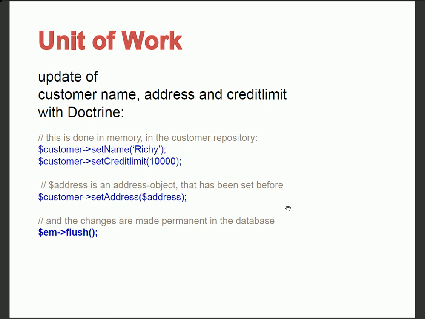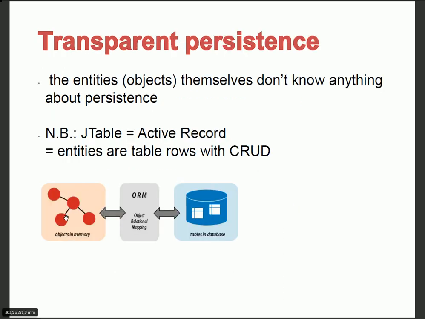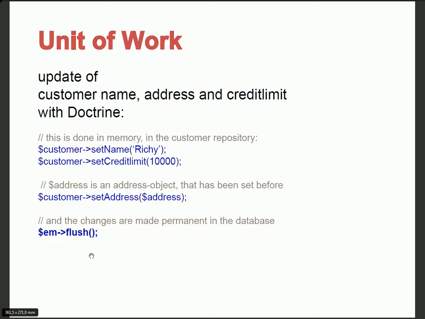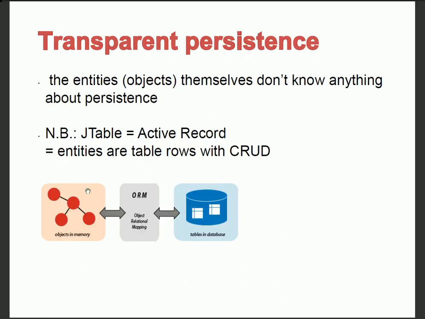In Doctrine, the work in the domain layer, in your model, is done and is not persisted until you tell the mapping layer, okay, now persist the whole thing. In Doctrine, the interface from your model to your mapping layer is the entity manager.